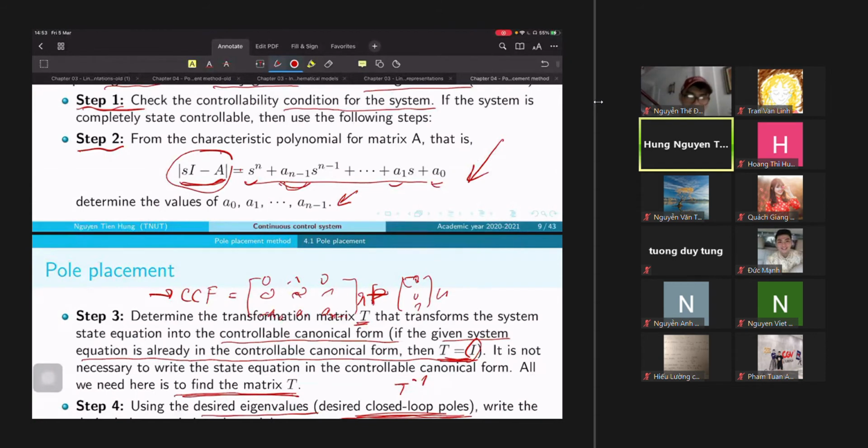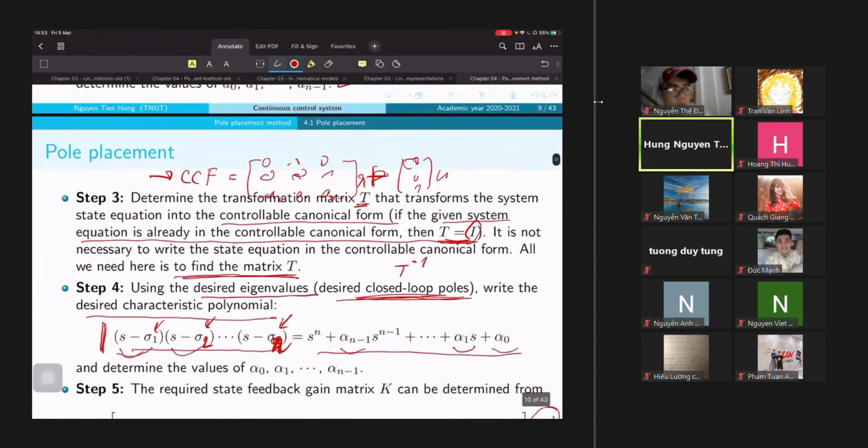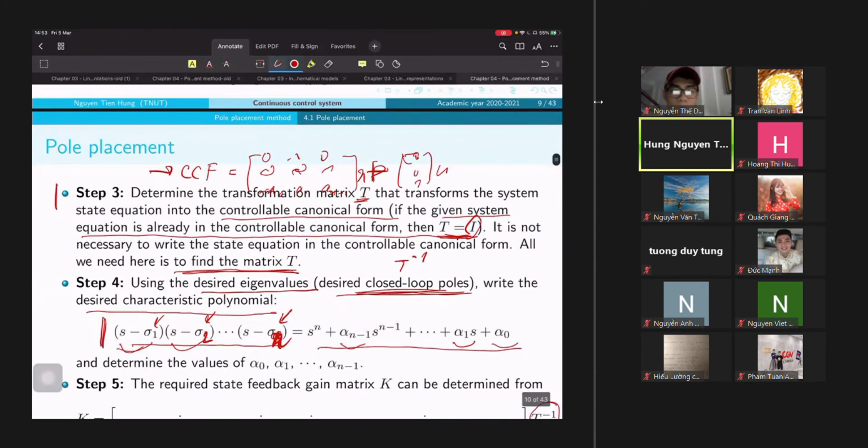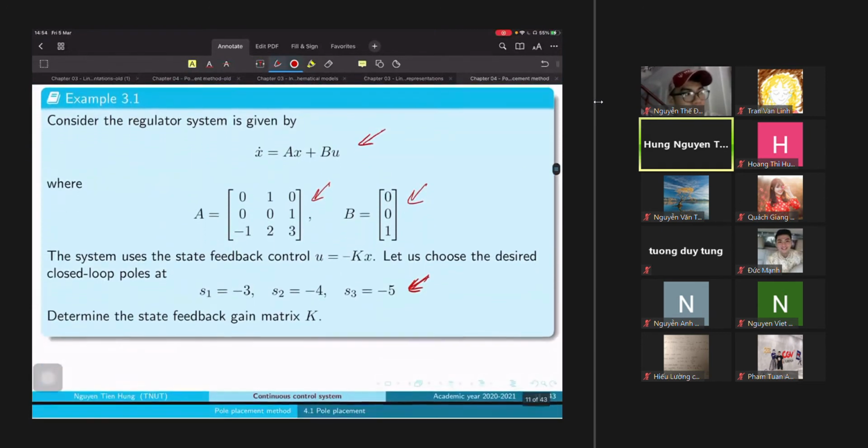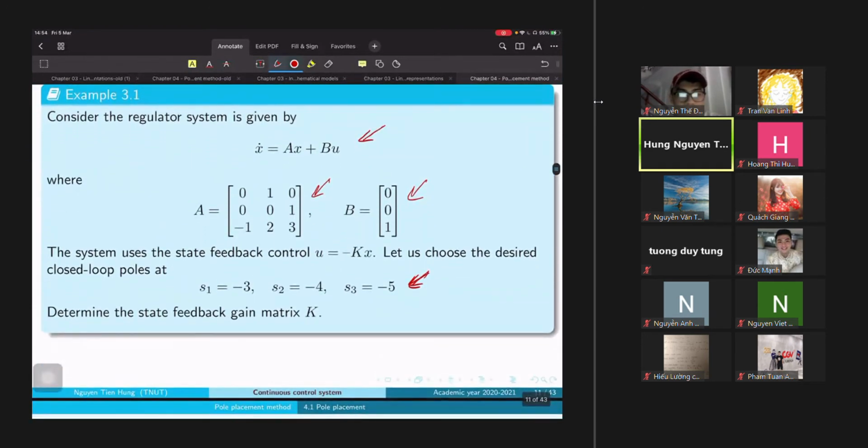Now move to the next step. We have to find the transformation matrix T that makes the A in the controllable canonical form. But this is a very simple example.